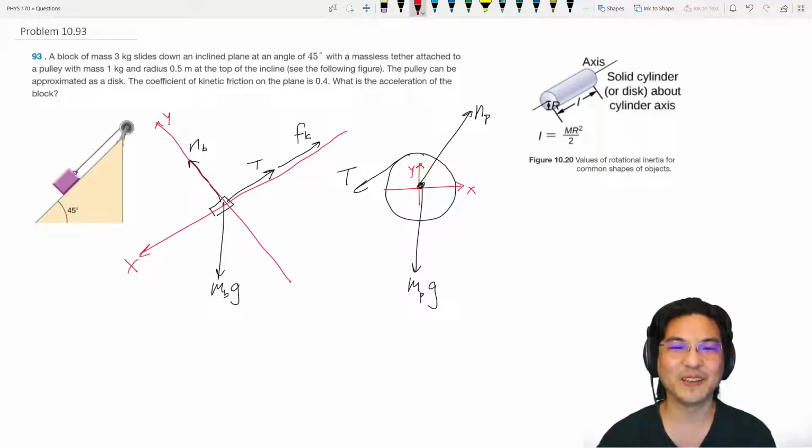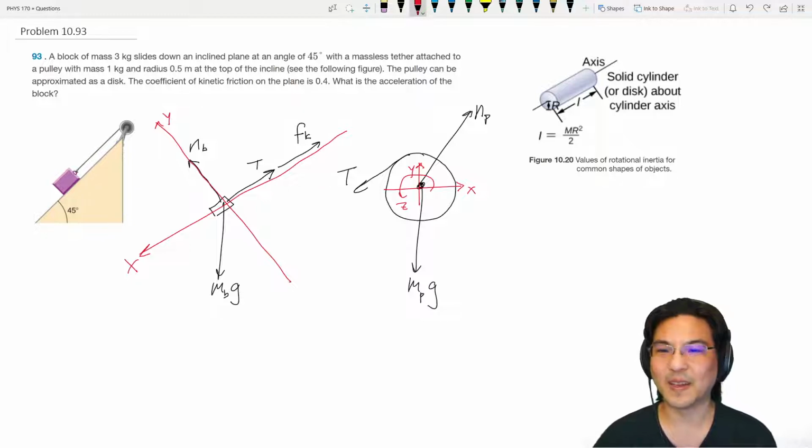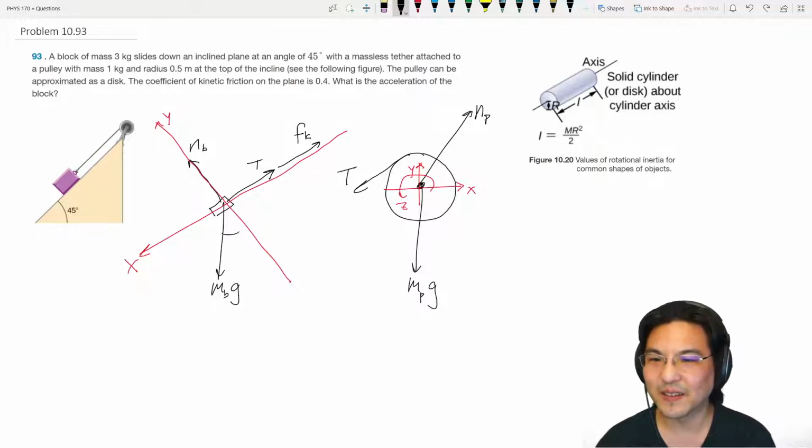X is to the right, y is going up, z would be out of the page, which would be this way, right? Counterclockwise. Okay, so then if the block slides down the ramp in the positive x direction, then the pulley would rotate in the positive z direction. Okay, let's see. There's an angle here, which would be right here.